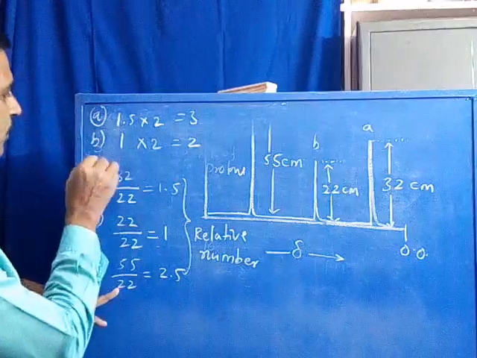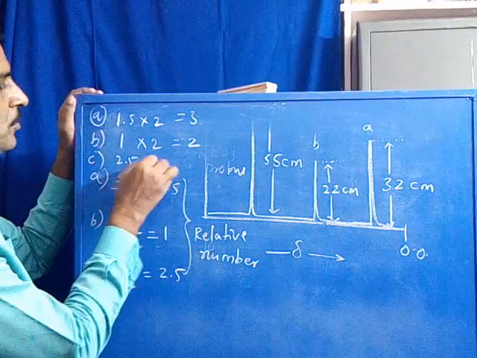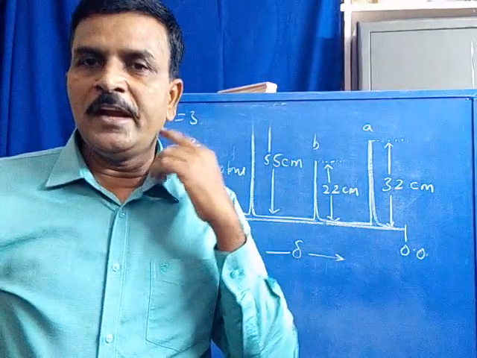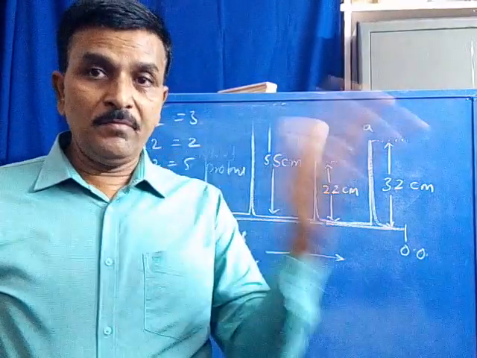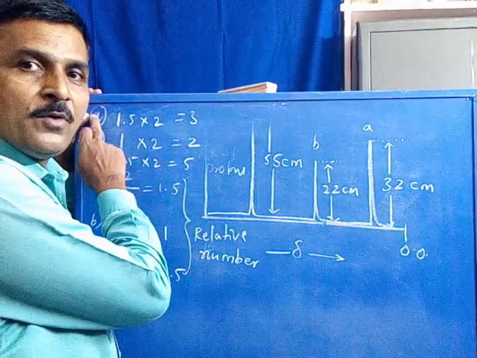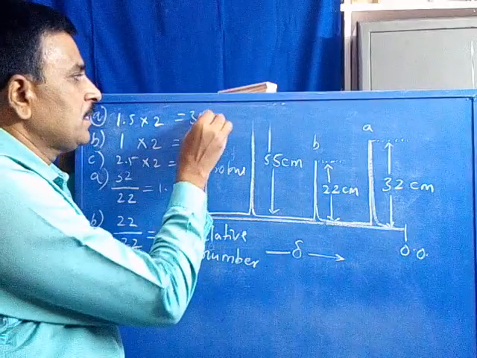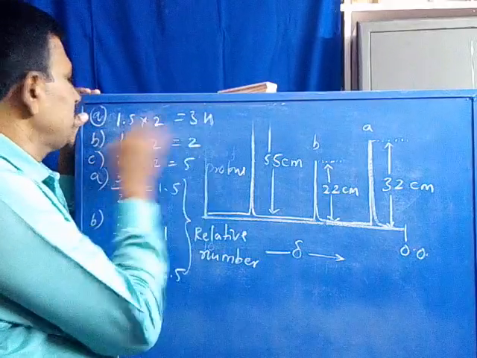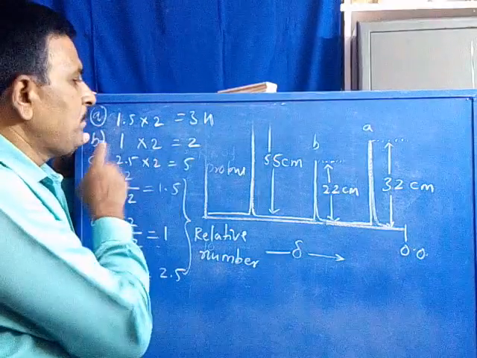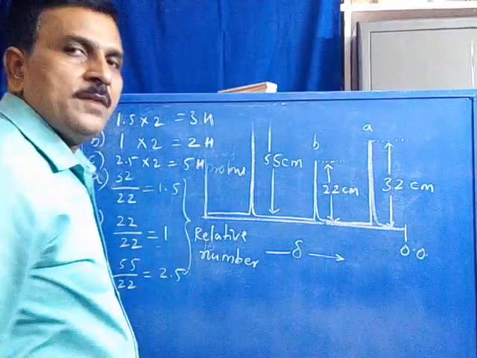For C set of protons, the relative number value is 2.5, 2.5 into 2 is equal to 5. So after multiplying every relative number, we will get the absolute number of hydrogens. So A set contains 3 hydrogen, B set contains 2 hydrogen, C set contains 5 hydrogen.